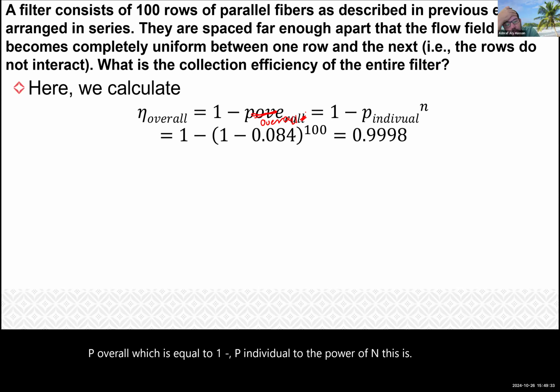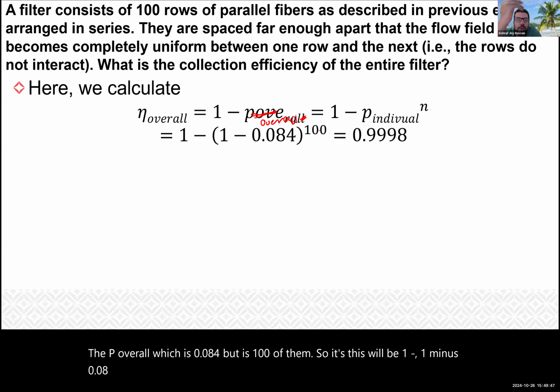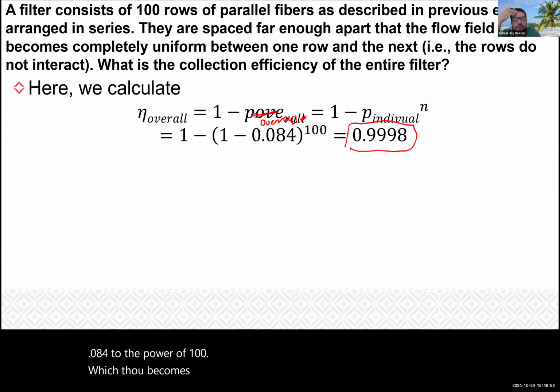So we know that the P individual is 0.084, but it's 100 of them, so this will be 1 minus 0.084 to the power of 100, which now becomes 0.9998, which is a very good overall removal.